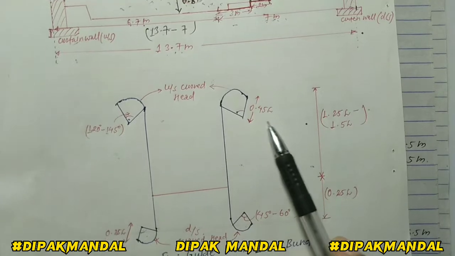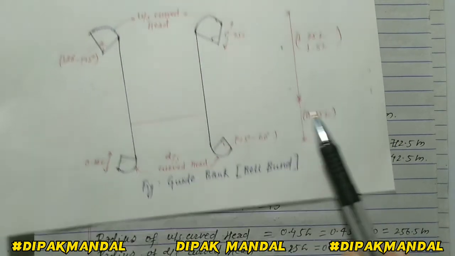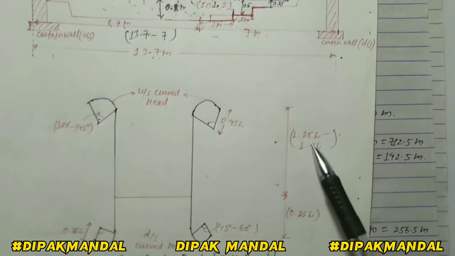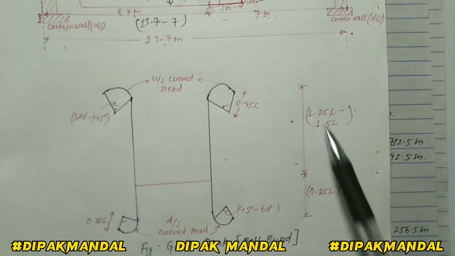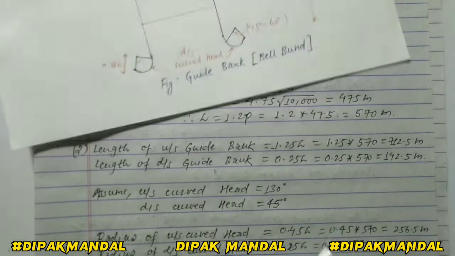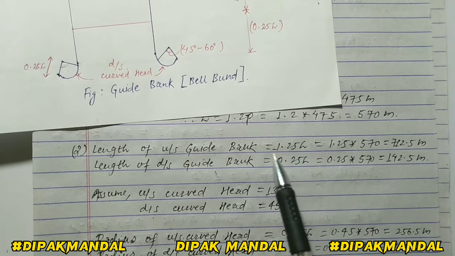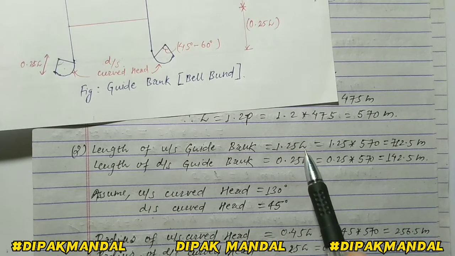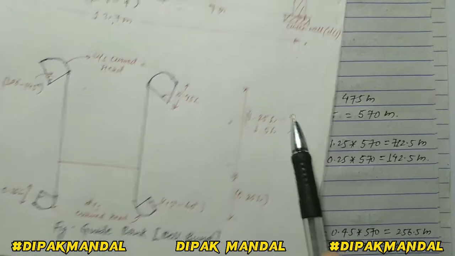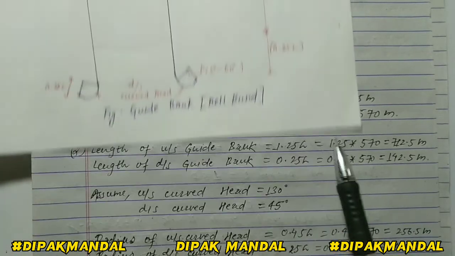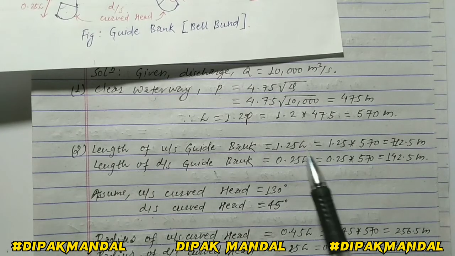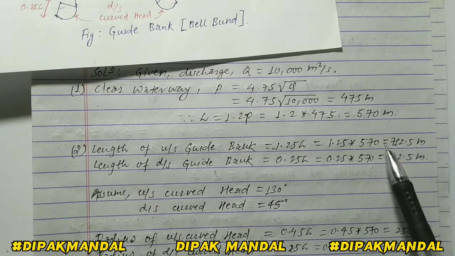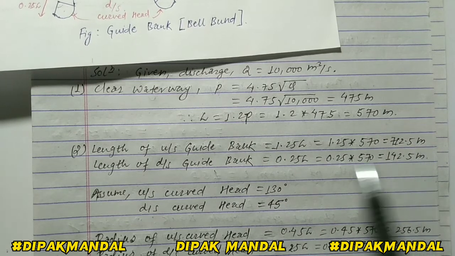This is the upstream of the Grad bank, and this value is taken from 1.25 L to 1.5 L. We take 1.25 L, but you can take a value within this range. So 1.25 into L, the value of L is already calculated as 570. So this value becomes 712.5 meter.